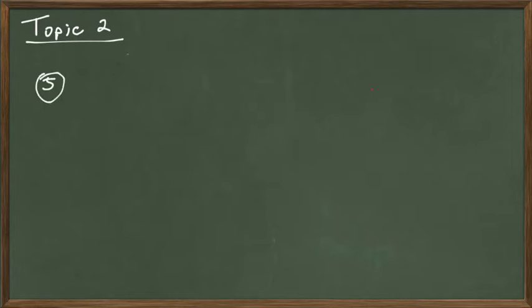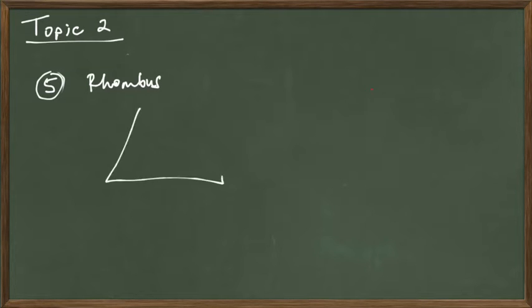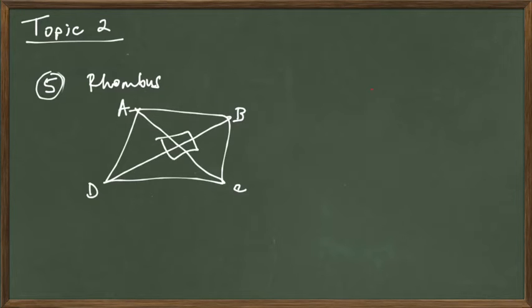Question 5. Let's see. You're told that it's a rhombus. That's supposed to be a number 5 in there. Sorry about that. All right, so if you're told it's a rhombus, they gave you information about one of these angles in the middle.